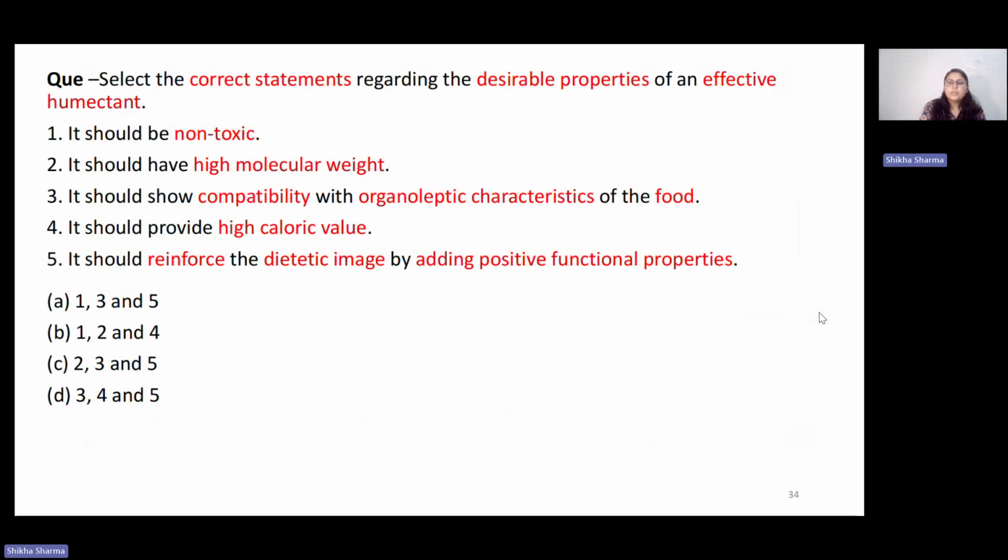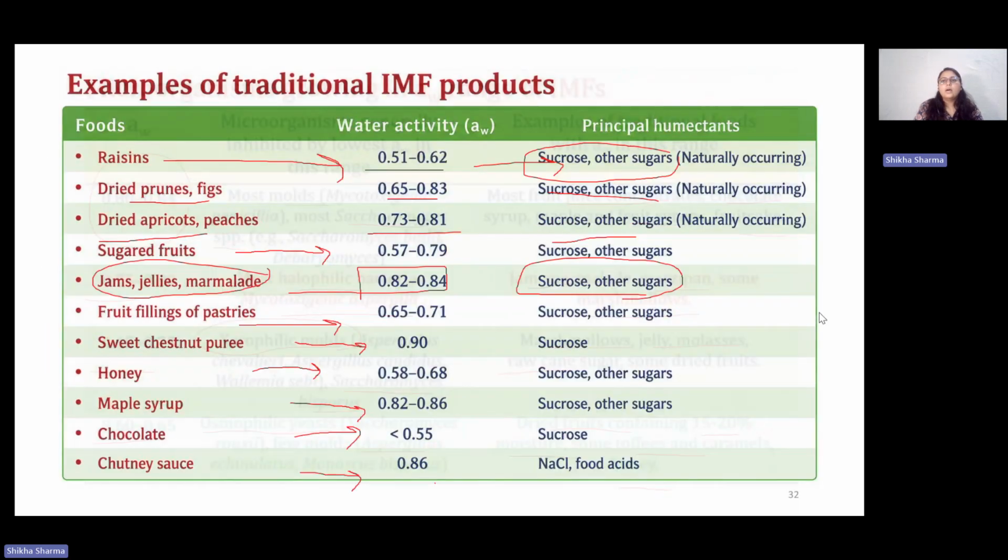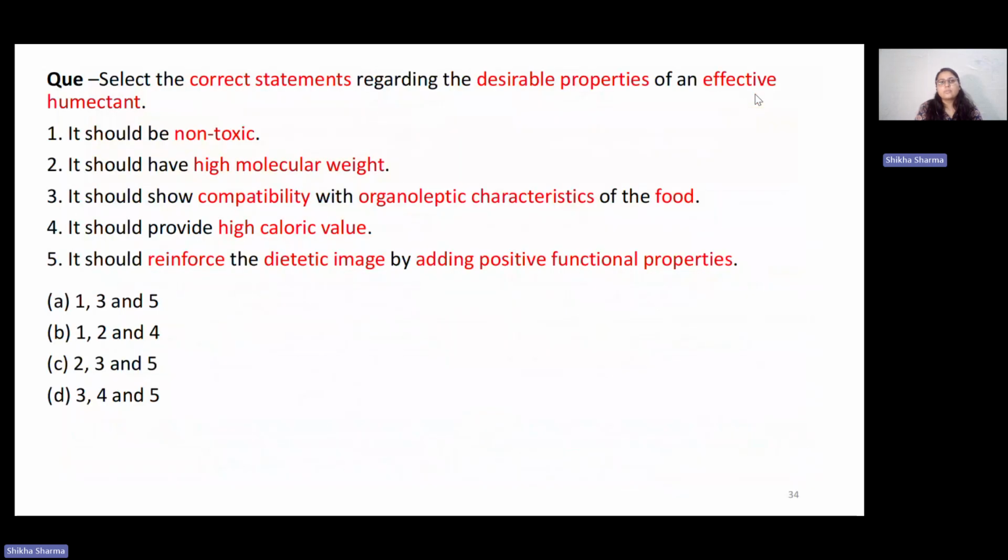Okay, now we discussed that in these intermediate moisture food products, we have the humectants. So let's discuss some questions regarding humectants. Select the correct statement regarding the desirable properties of an effective humectant. It should be non-toxic, it should have high molecular weight, and it should show compatibility with organoleptic characteristics of the food.